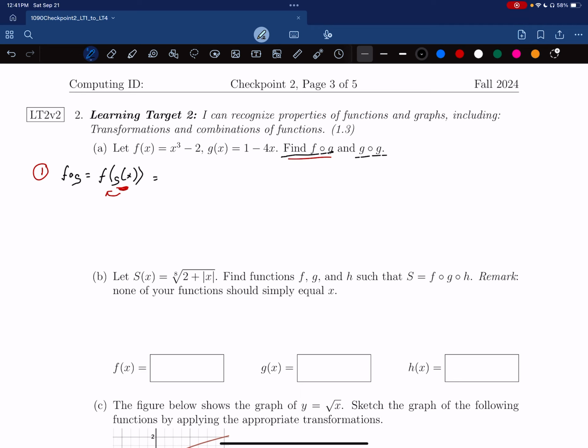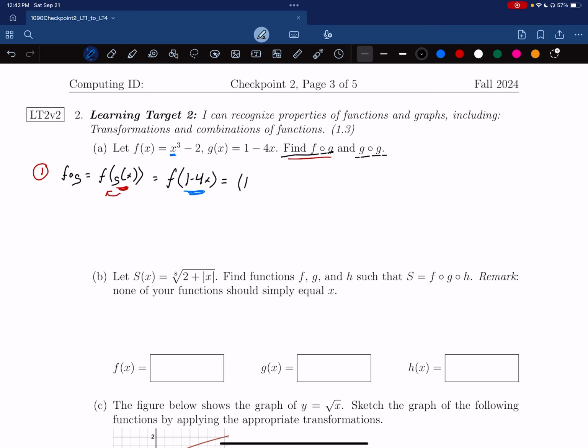So simplifying this, we can write f of 1 minus 4x, which is g of x. So now we'll be looking at our function f of x, and wherever we have an x, we'll be plugging in this 1 minus 4x. And it'll be very important to use parentheses here when we are going to be multiplying by a coefficient or some sort of exponent or square root.